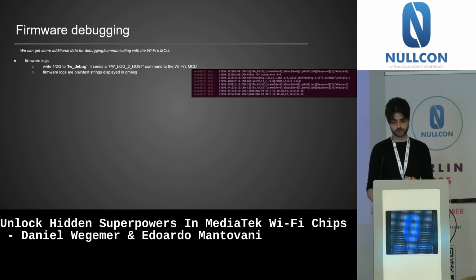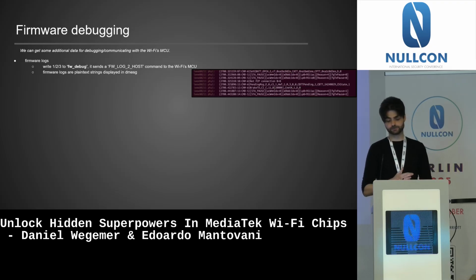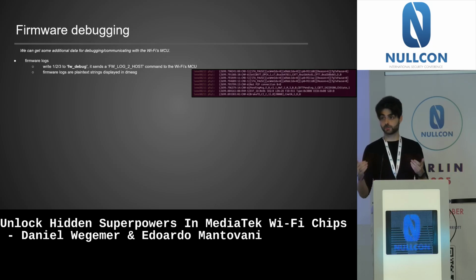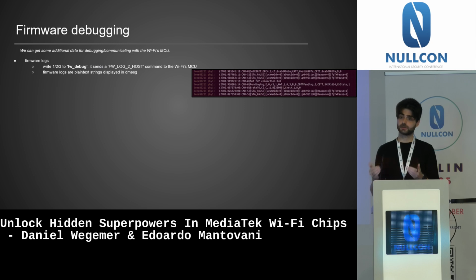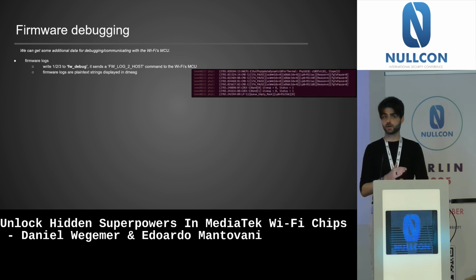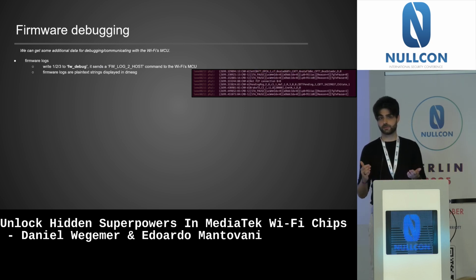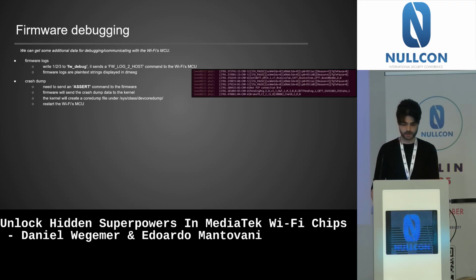As a result, you will see the Wi-Fi firmware logs in the kernel log, in dmesg, at runtime while the chip is running, and this is extremely interesting because you can understand what your Wi-Fi hardware is doing at a specific moment.